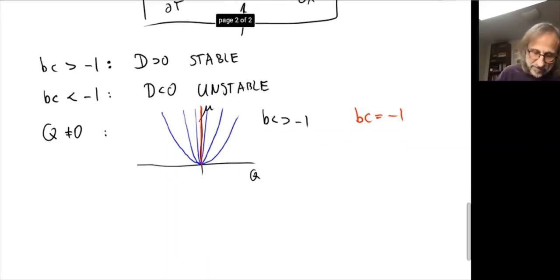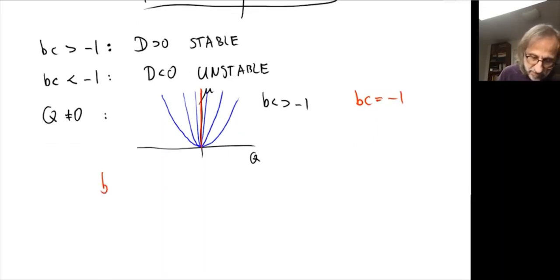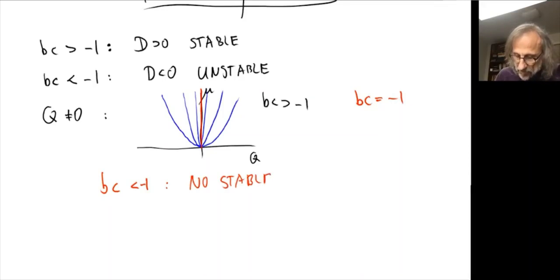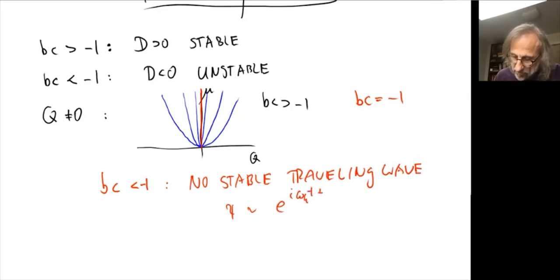So let me write that down, because that's really a very important and interesting result. When BC is smaller than -1, there are no linearly stable traveling waves of this form, psi goes like e to the i omega t plus i q x.